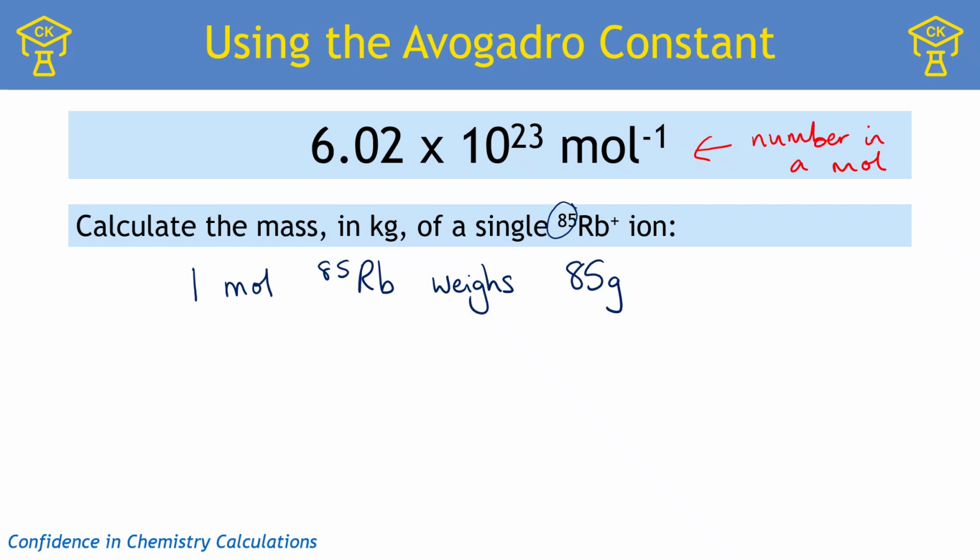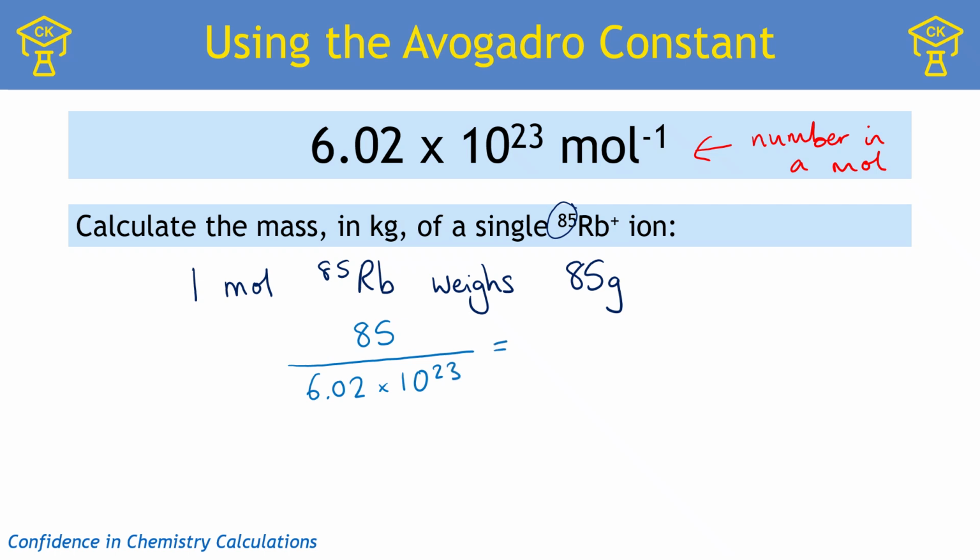So it's how many there are. In this case, how many rubidium-85 ions there would be in this 85 grams. It therefore stands to reason that the mass of an individual ion in grams is going to be 85 over Avogadro's number, because that's how many there are.